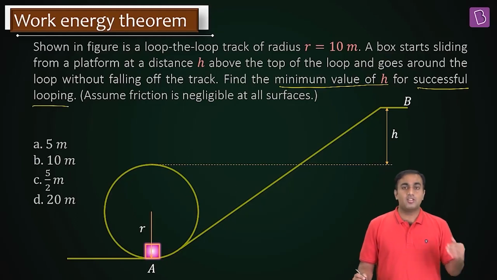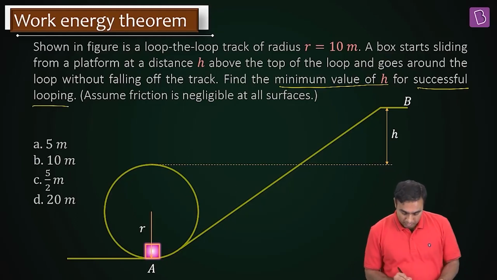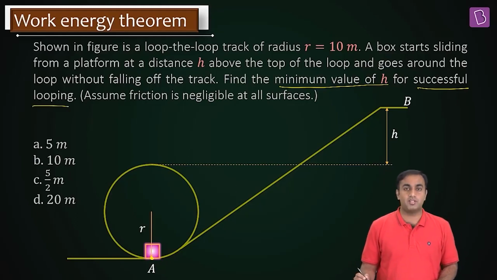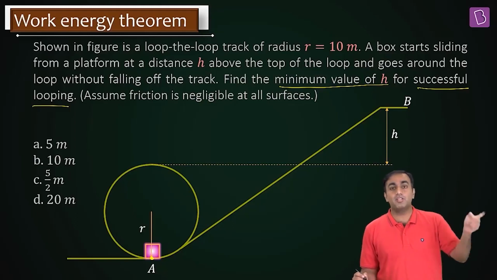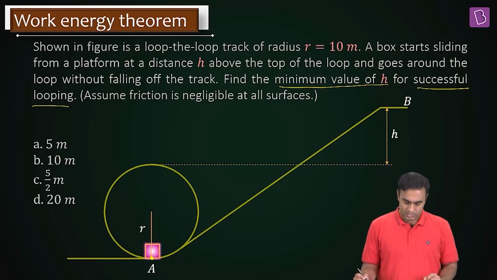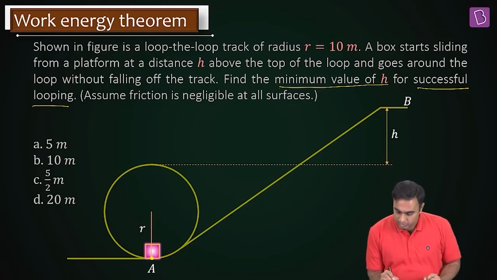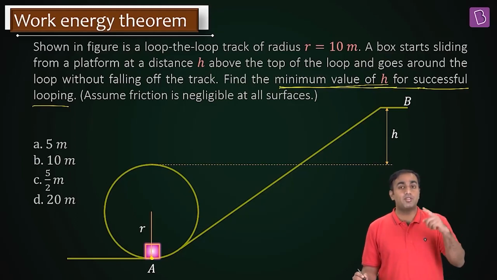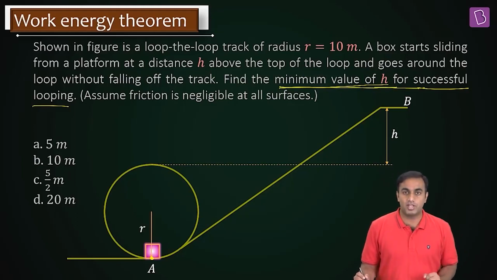We need to find the minimum value of h for successful looping. Do you see that the more the value of h, the more the speed gained by the block when it reaches the bottommost point of the vertical circular path, and the more the probability of the block completing the vertical circular motion itself? We are supposed to find the minimum value of h such that the block completes the vertical circular motion. What are we looking at?